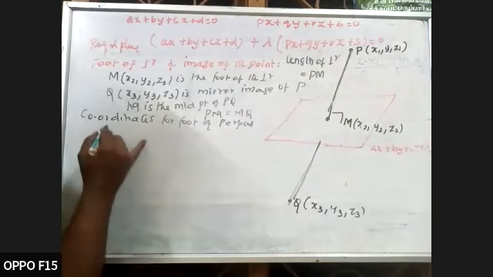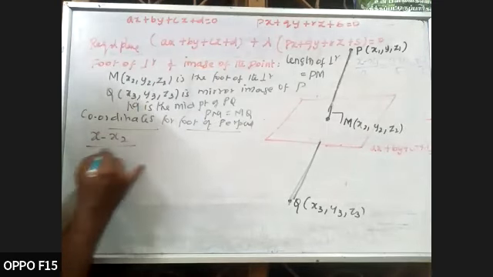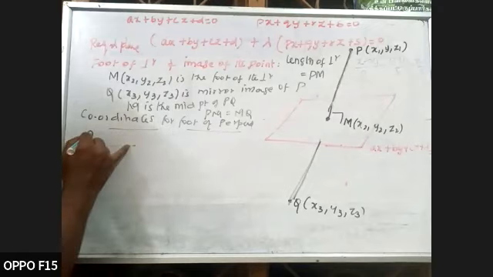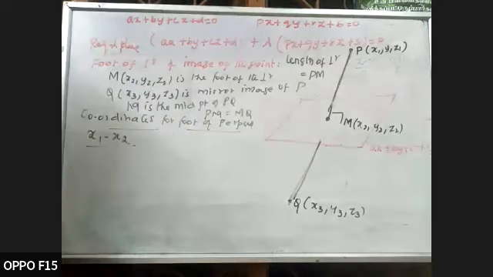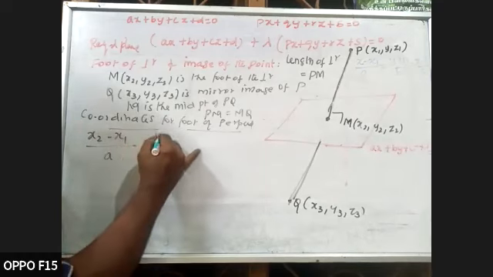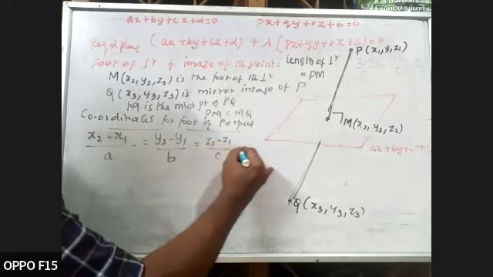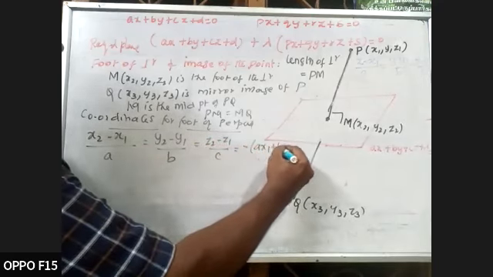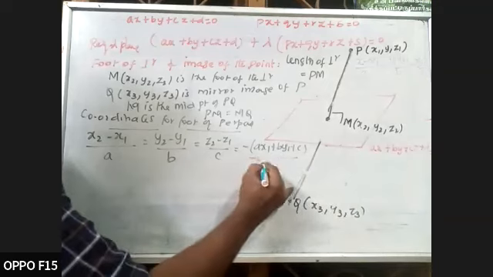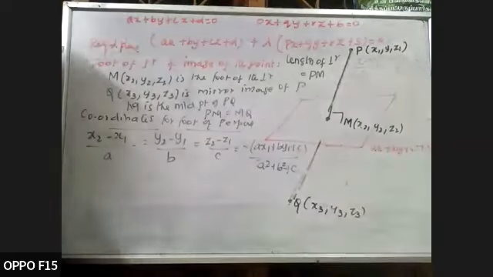There is one condition to find the foot of perpendicular: (x2 minus x1) divided by a, (y2 minus y1) divided by b, (z2 minus z1) divided by c, equals minus of (a x1 plus b y1 plus c z1 plus d) divided by a square plus b square plus c square. There is no root here.